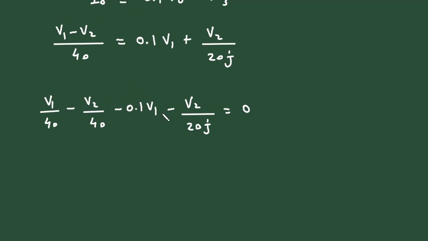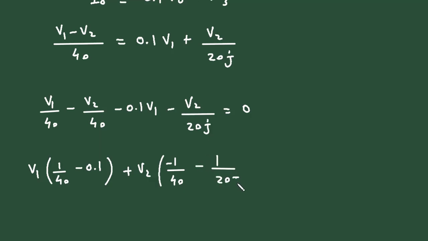Now here we can take this V1 common. So V1 in bracket 1 by 40 minus 0.1, then plus, if we take this V2 common, then it will be minus 1 by 40 minus 1 by 20j, is equal to 0.